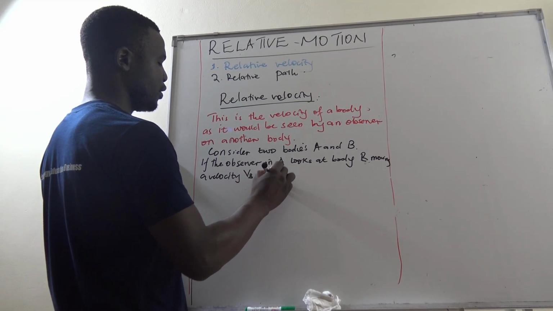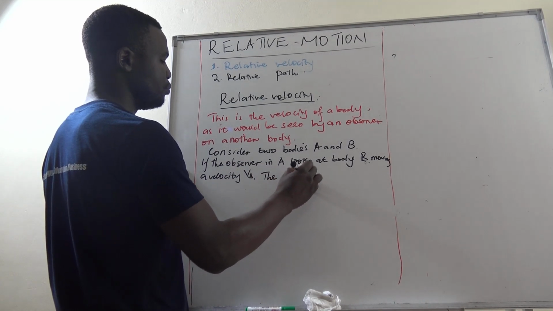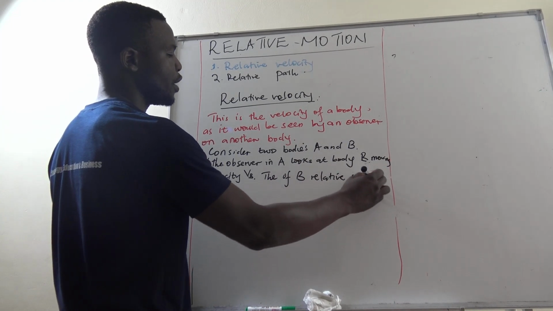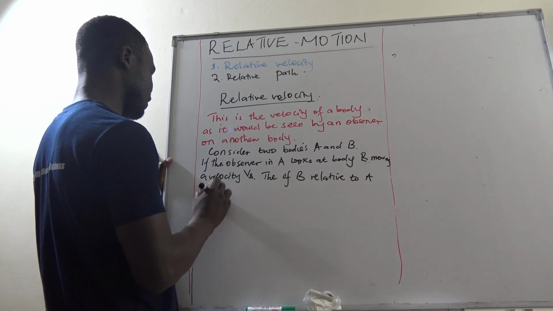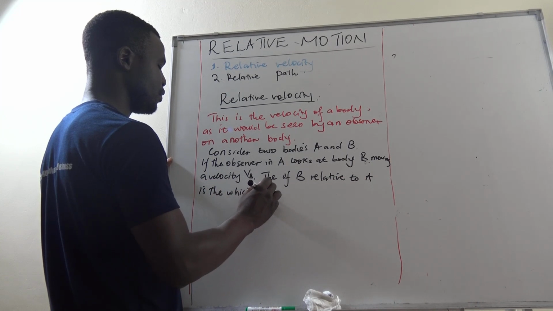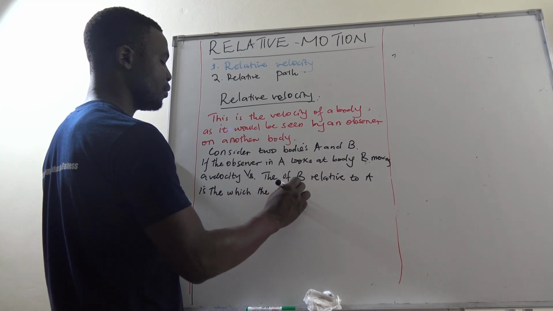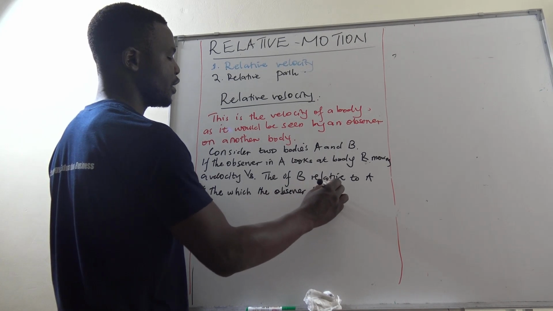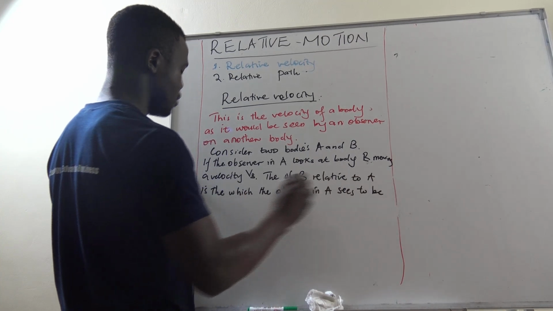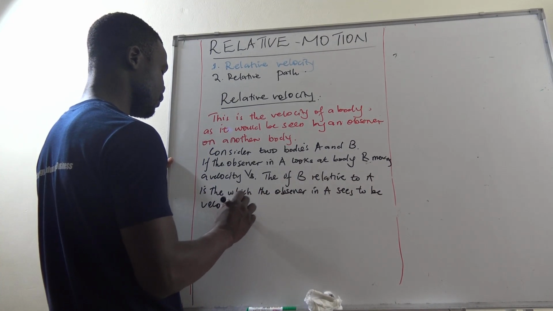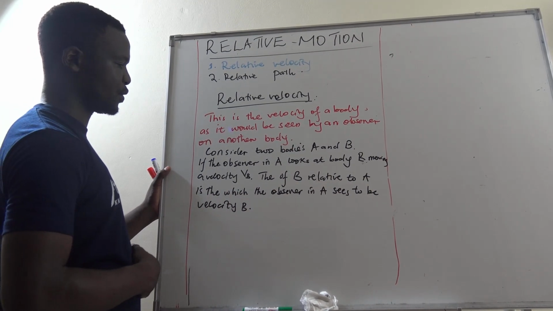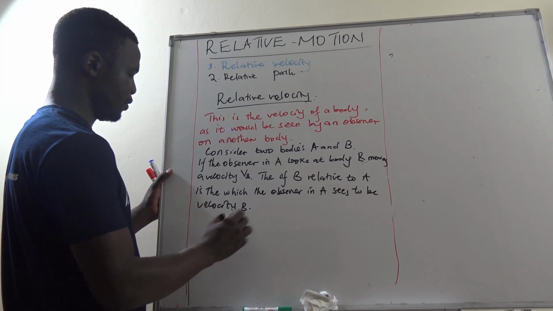Now, the velocity of B relative to A is the velocity which the observer in A sees to be the velocity of B. He sees this to be the velocity of B, and it is called the velocity of B relative to A.